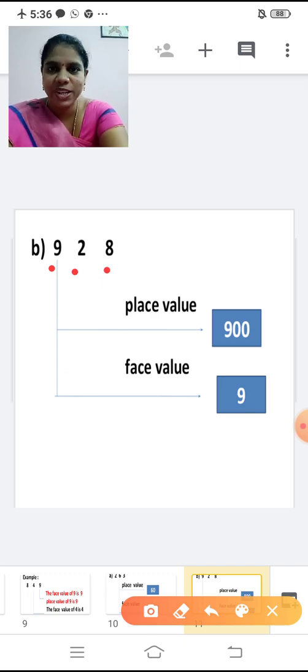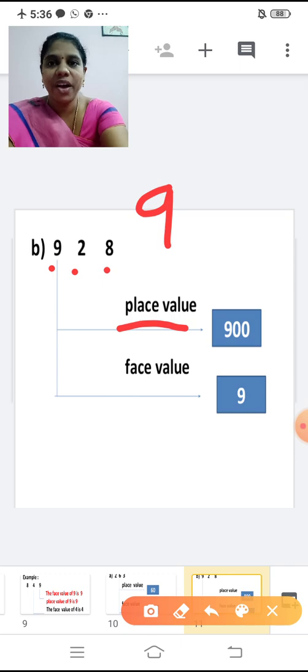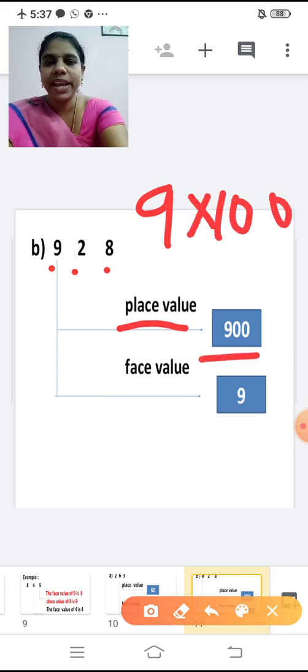It is in hundreds place, right? So shall we write the place value now? So 9 into 100. 900. So the place value of 9 is 900.